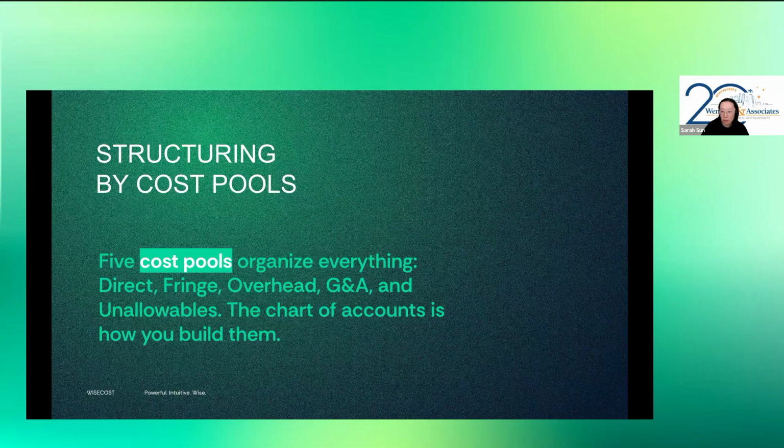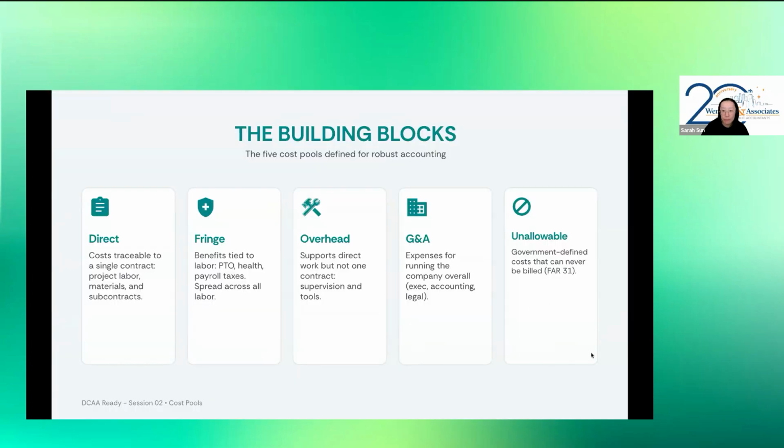This structure exists because it supports the SF 1408 requirement for segregating costs between direct, indirect, and unallowable costs, accumulating costs under the general ledger, as well as allocating indirect costs logically. So we can take a closer look at each of these 5 cost pools in the next slide.